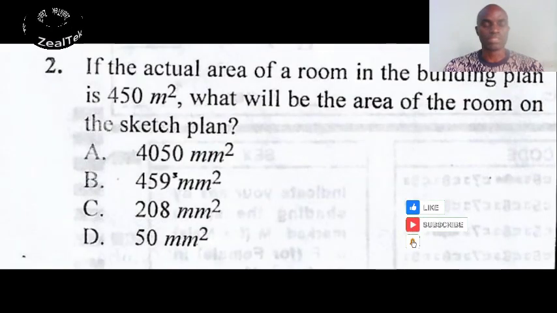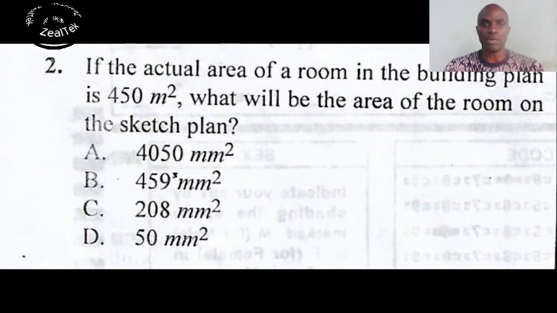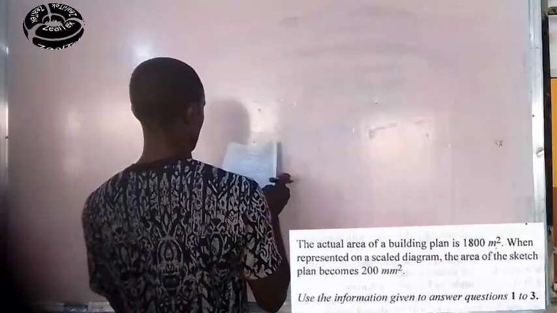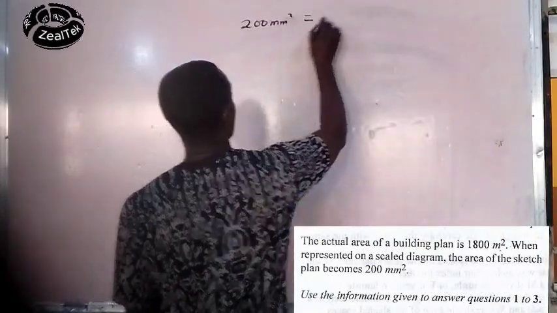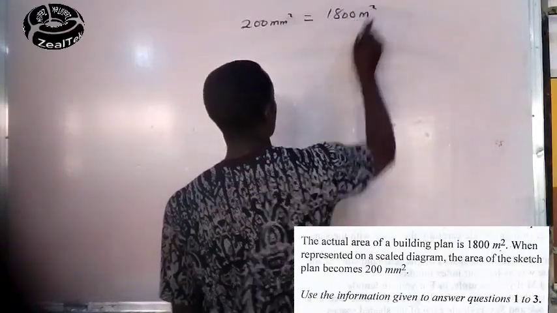Question number 2. If the actual area of a room in the building plan is 450 meters square, what will be the area of the sketched plan? Well, check out the video that comes after this one. It will explain everything. We are already given the ratio of 200 millimeters square as against 1,800 meters square.